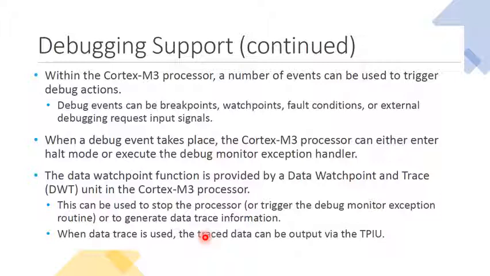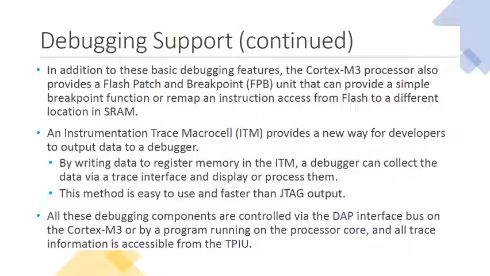When you restart the mobile, for a very short amount of time the processor is halting. So this can be used to stop the processor, or to generate the data trace information. So this is all about the debug support.